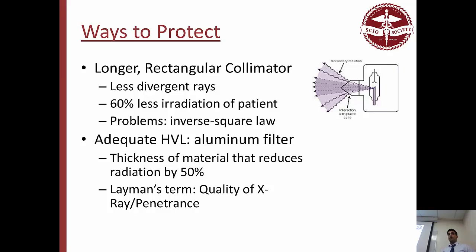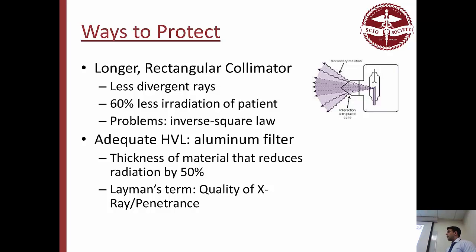So if I double the distance, the patient will get 4 times less radiation. You have to account for that by adjusting the exposure time. So if you double the collimator size, increase your exposure time by 4. Exactly.